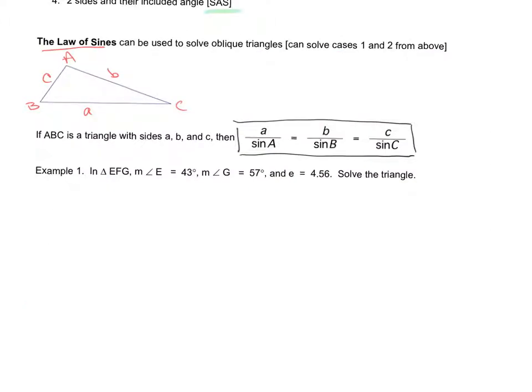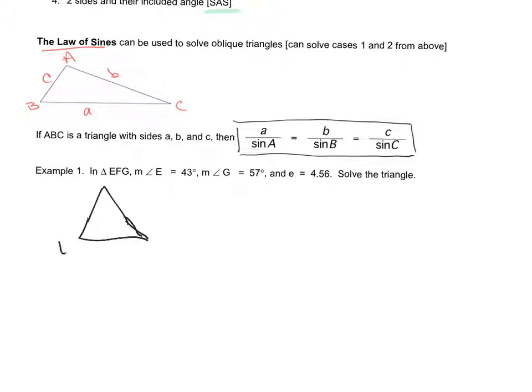So let's use this to actually solve a problem. In example 1, we are told that we have triangle EFG. We want to start by drawing a triangle. The length of sides doesn't matter, it doesn't have to be a right triangle, it doesn't even have to be pretty.